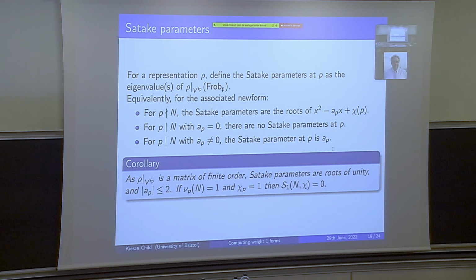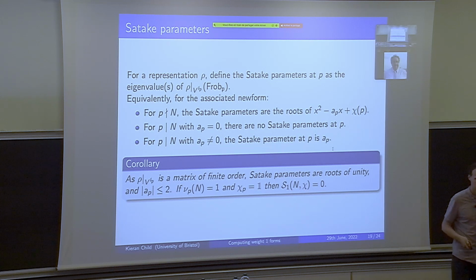Immediately, this gives us some useful things. So we have that Satake parameters must be roots of unity, and that gives us the Ramanujan-Petersson bound for weight 1.